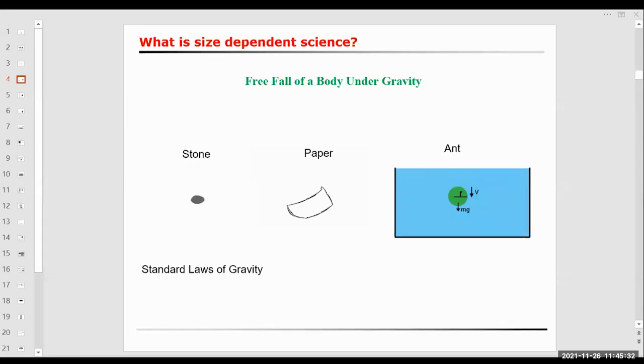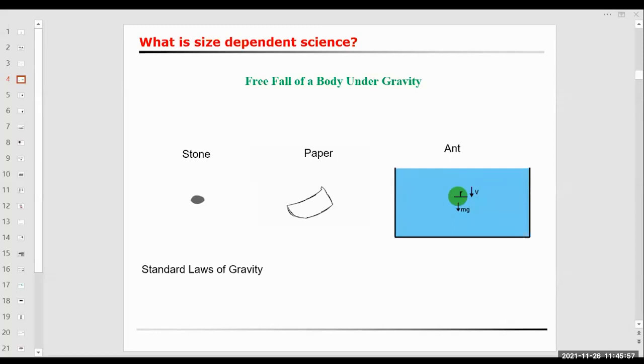Here, the terminal velocity and Stokes law, which you might be using in fluid mechanics, in mechanical engineering, have to be used to explain or understand the observation of the fall of the ant under gravity.